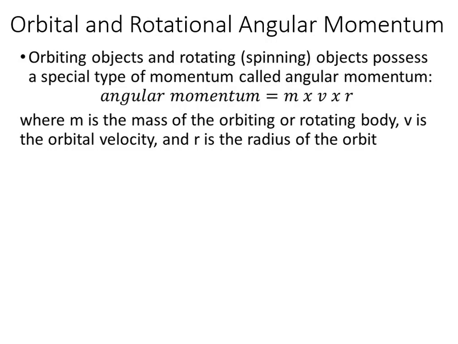So angular momentum is m, mass, times v, velocity, times r, since it's going like this, r is the radius. So for any movement like that, you find the center of the movement and out to where the movement is, that's the r term, the radius.